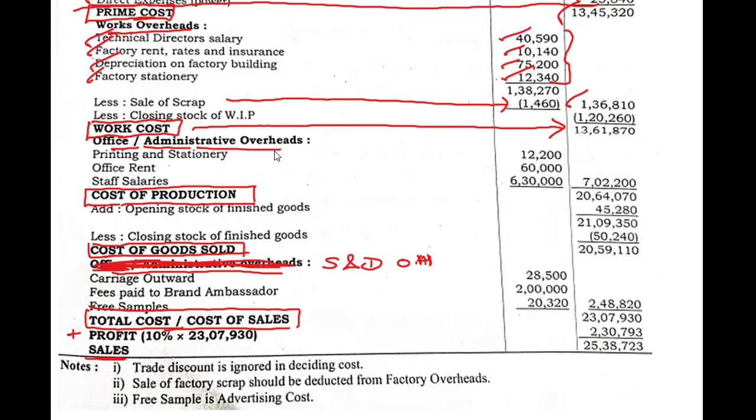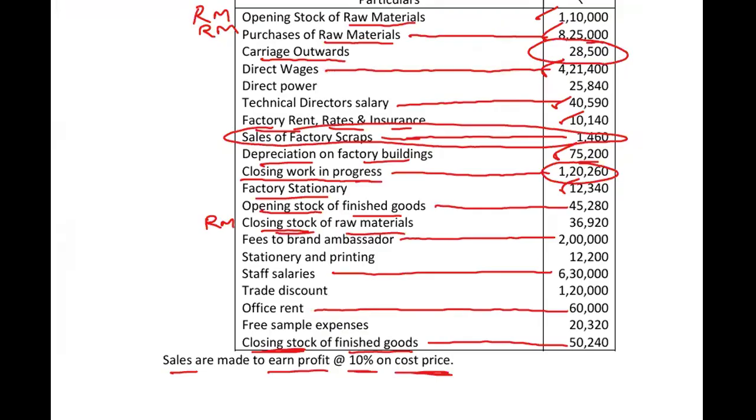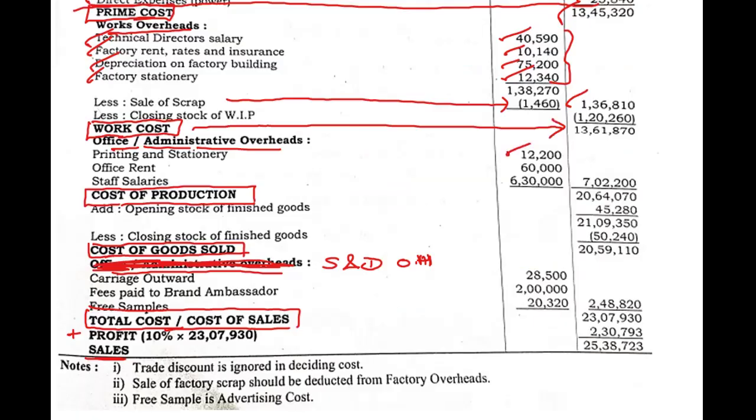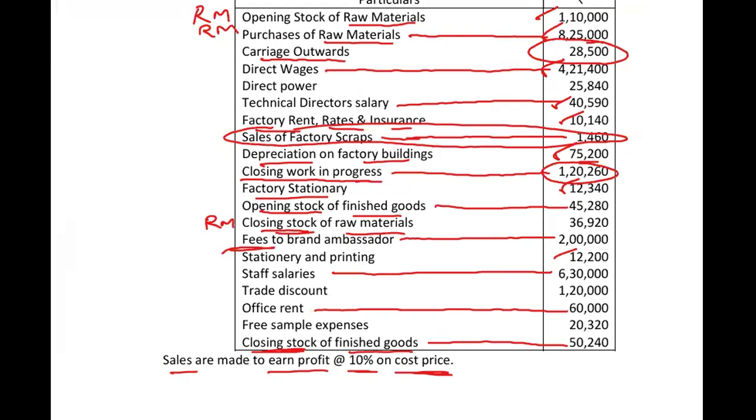What office and administration overheads are given in the question? Printing stationery is given, right? See here, printing stationery, staff salaries. Stationery printing is 12,200. And other office expenses are given. Office rent is how much? 60,000, right?